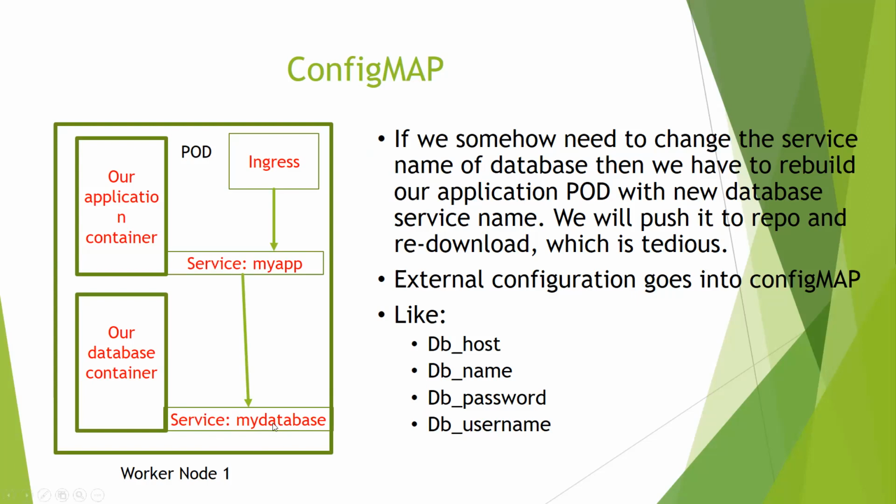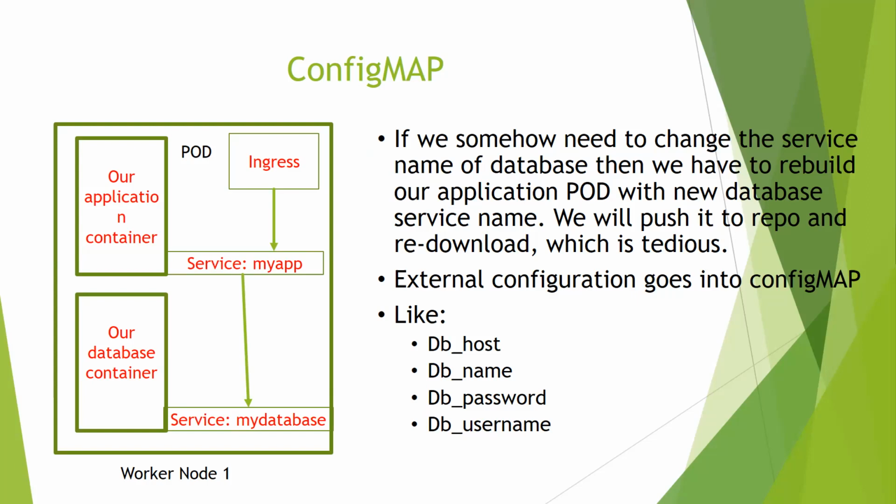The problem is your app has connection defined that you will connect to this service. So in your app's connection string, where we tell that connect to this DB, connect using this username, connect using this password, and connect through this DB host.